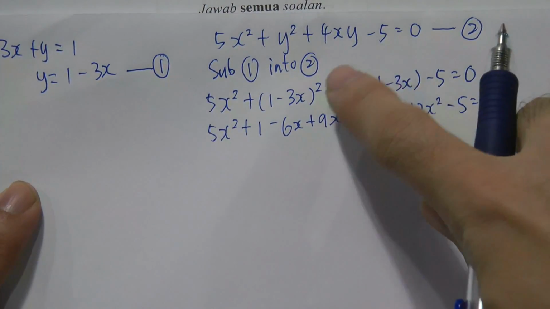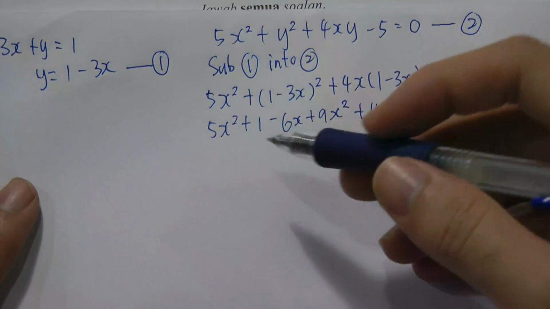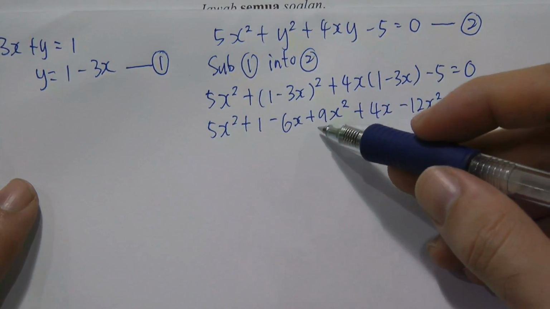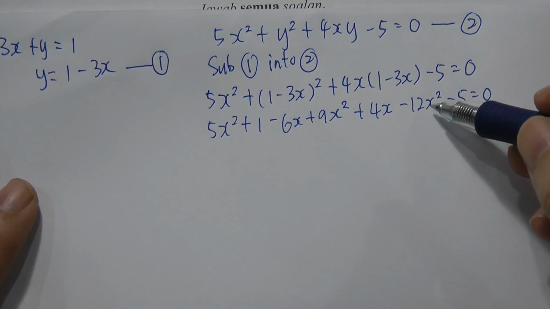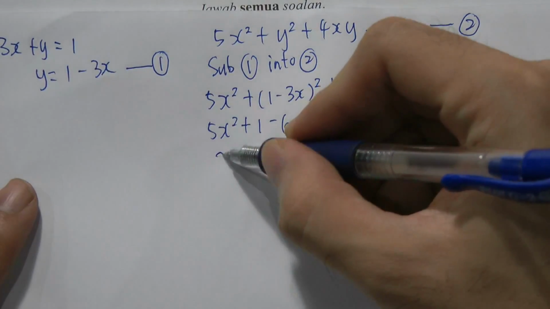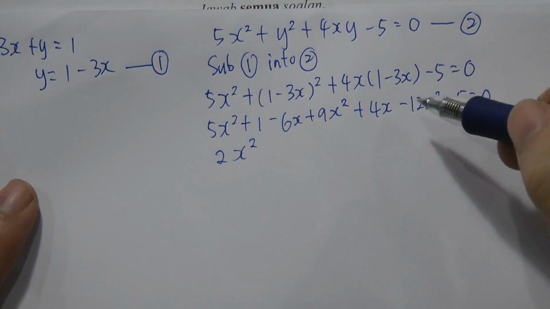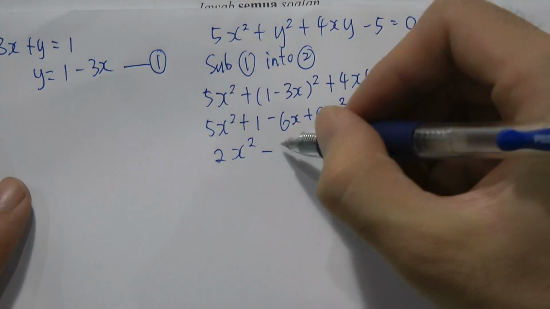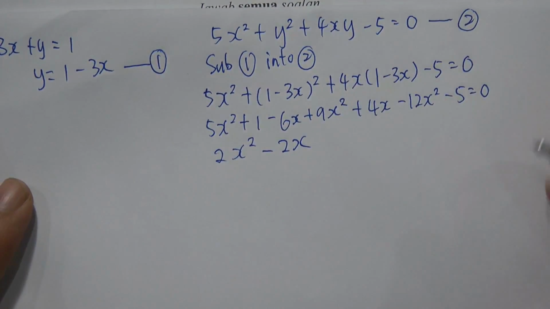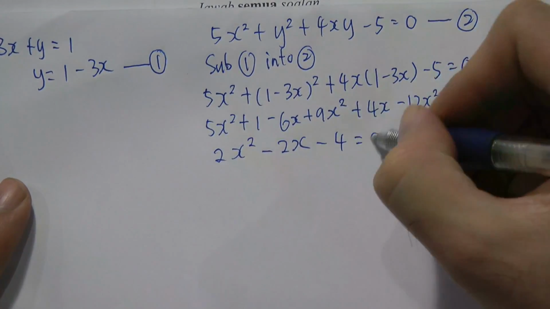I just multiply 4x for both. Then I collect x squared terms: 5x squared plus 9x squared is 14x squared, 14x squared minus 12x squared, I still got 2x squared. Negative 6x plus 4x, I got negative 2x. Then positive 1 minus 5, I got minus 4, equals 0.